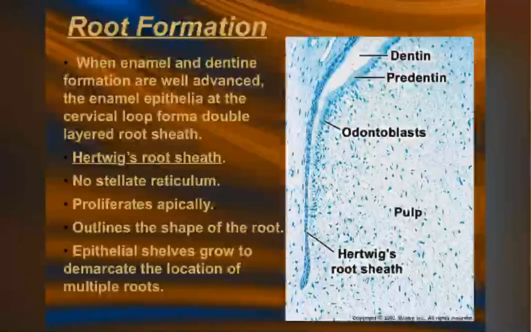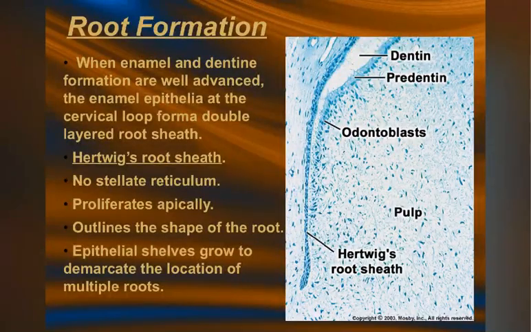It outlines the shape of the root. Epithelial shelves grow to demarcate the location of multiple roots. In case of multiple roots, we will have growth of epithelial shelves to demarcate where the furcation area will be.